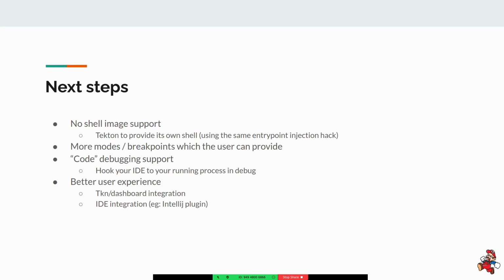So just do tkn debug and get dropped in, or from the dashboard, just say okay, it's in debug mode, drop me in the shell. And of course, more tooling integration, directly within your IDE, be it IntelliJ, VS Code, etc. And those are the next steps that we are seeing right now.